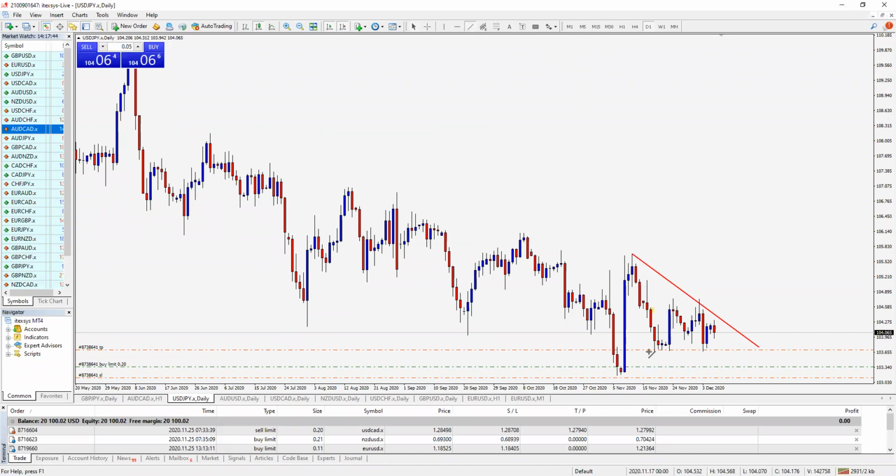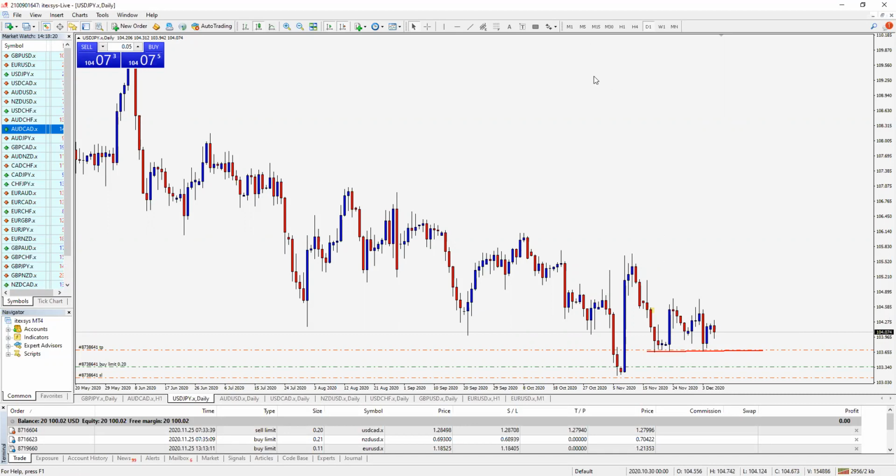We're about to test that support there, and usually this kind of formation will tend to break, in this case lower. So you might be on the right side of the market. Well done, Liam. All right, guys. Great, thanks for sharing. Great analysis.